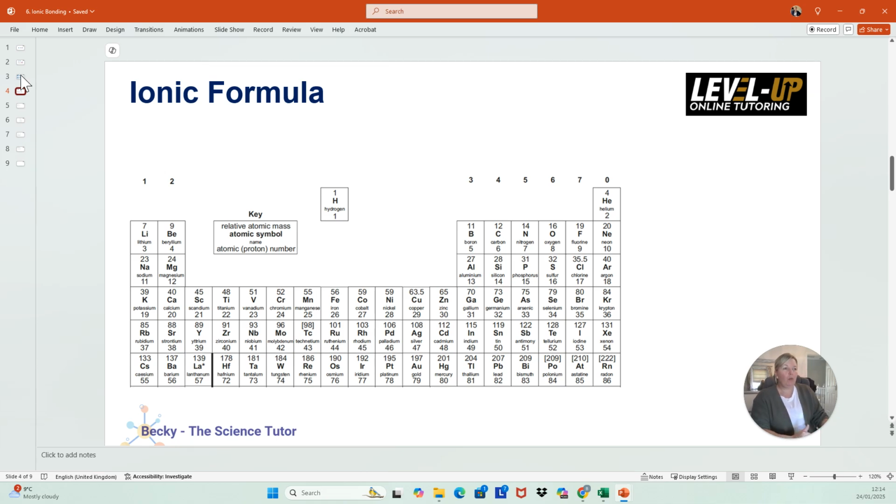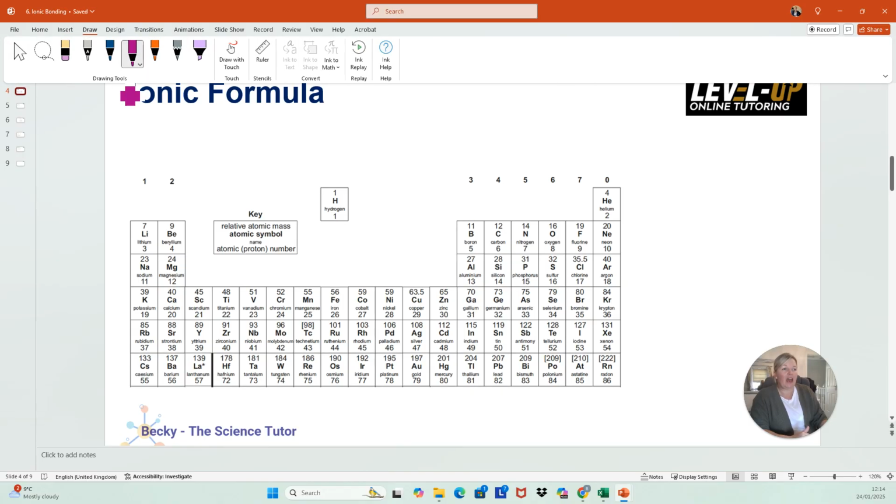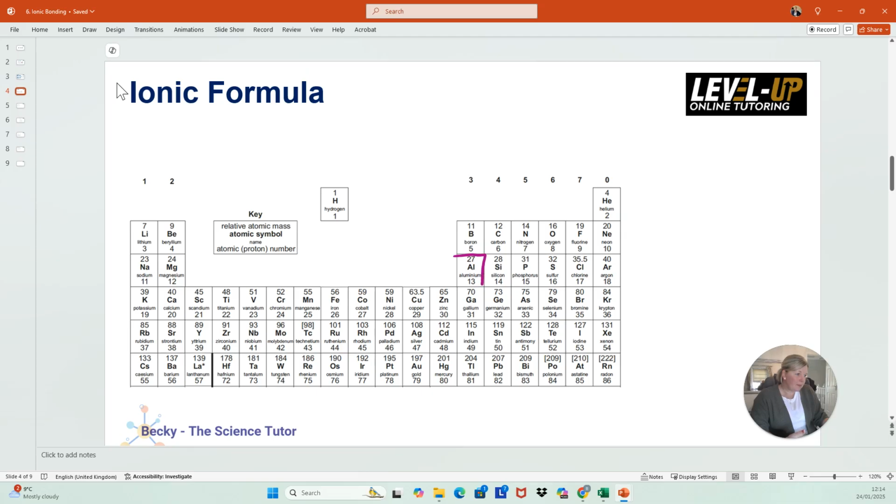Now what we can do is, if we think what we've just said earlier about that loss of electrons, so remember that group number tells us how many electrons are in the outer shell. We'll put on our aluminium steps again. Oops, it's a bit wobbly, but it's fine for the purpose of this.